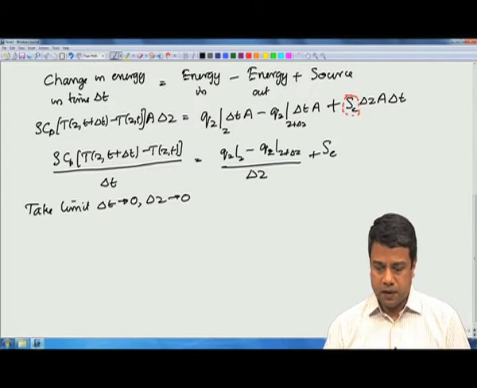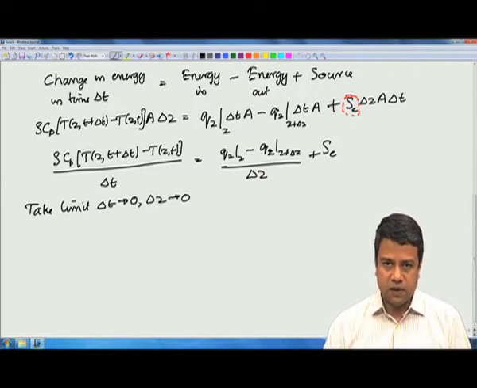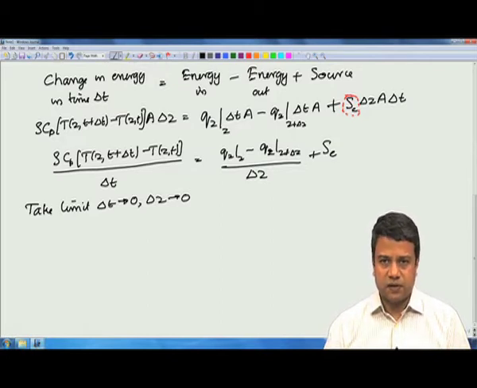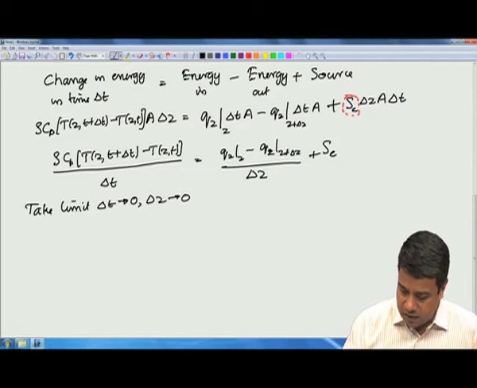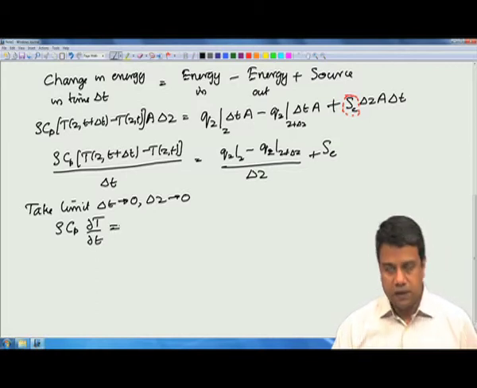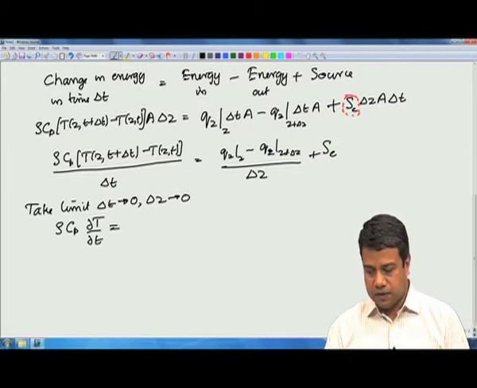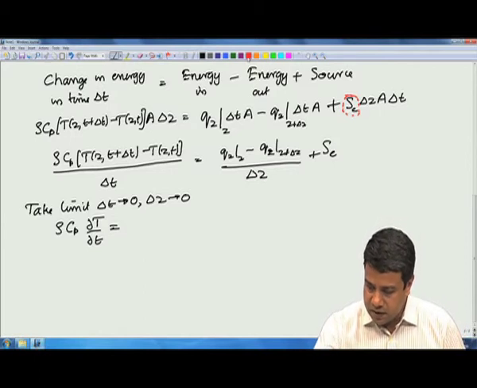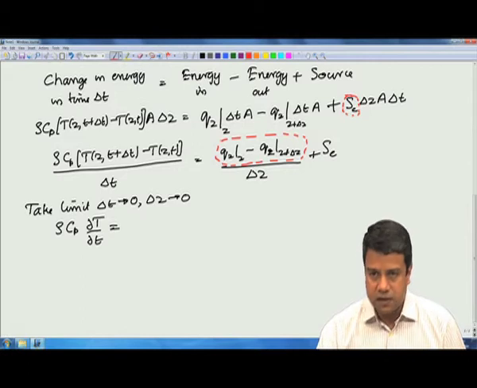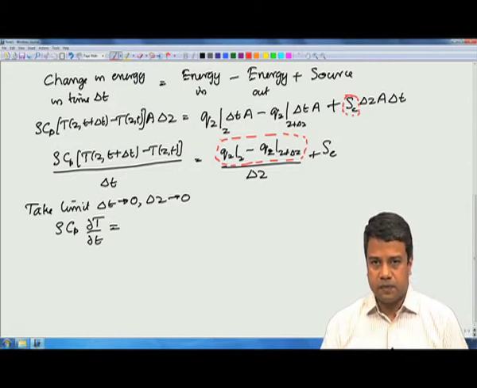When you take that limit, you get a derivative with respect to time of temperature on the left, and the derivative of the flux with respect to z on the right. Okay. So, you will get rho Cp partial T by partial t, when you take the limit of time interval going to 0. This on the right side is q at z minus q at z plus delta z divided by delta z.